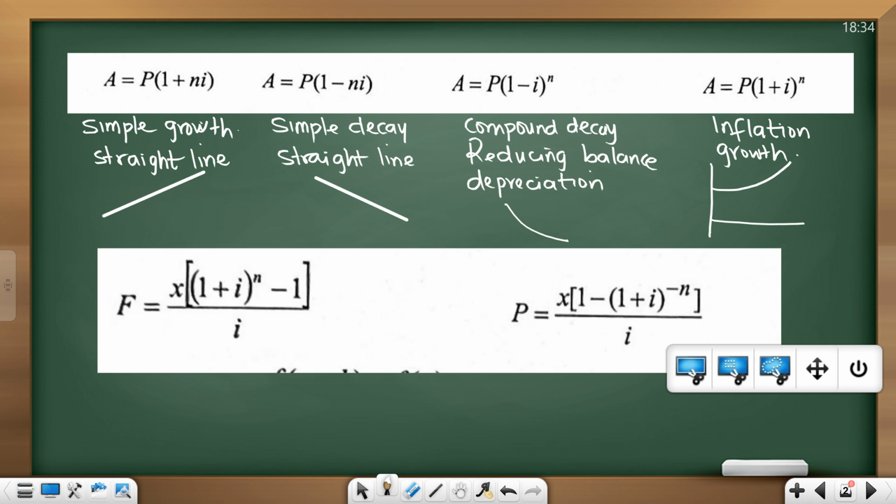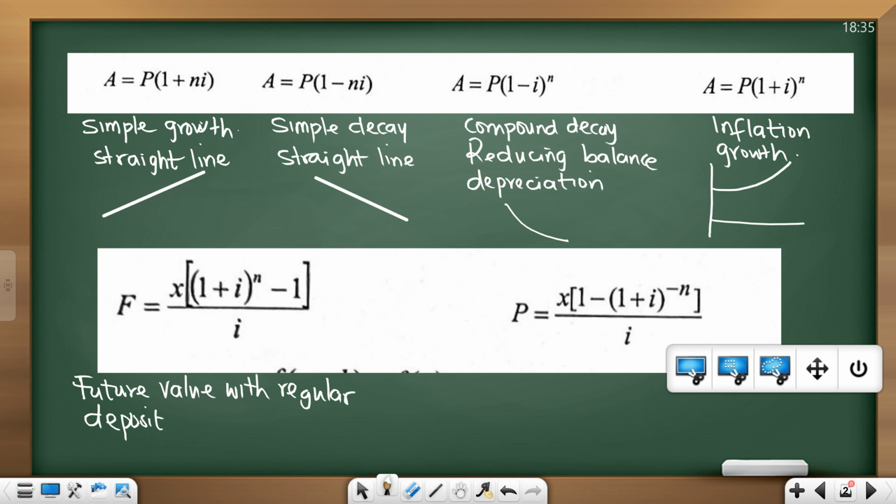What about F? Annuities now, right? This one is what? Future value. Regular deposits. Once there's a regular deposit, somebody is depositing regularly.